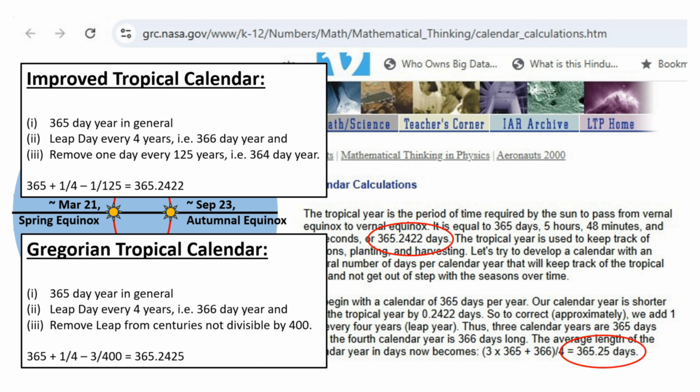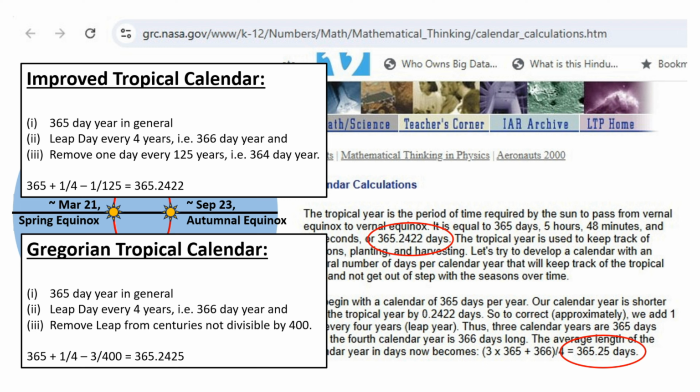So if we want to increase, then we'll have to do corrections over lakhs of years, like say 2.5 lakh years or something, because this will be 365.242197 or 96, something like that. So for about lakhs of years, this calendar is good enough, the improved tropical calendar.